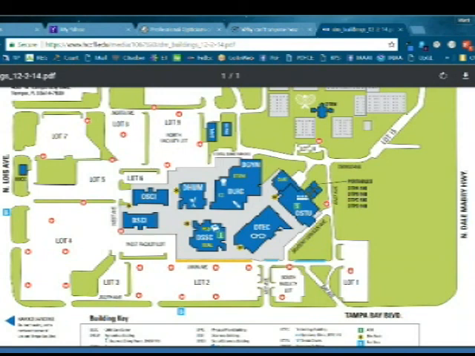Raymond James Stadium, where the Buccaneers play. Right, you can't miss it. And you just pull in and park out in front of the building here. Well, actually, there's no parking right where your arrow is. It's to the left. Okay, that's right. Lot 2. Yeah, that's the parking lot. That's the sidewalk, so that would be a problem. But you can park over in this area. Either lot 2 or lot 1 on the right should be available.